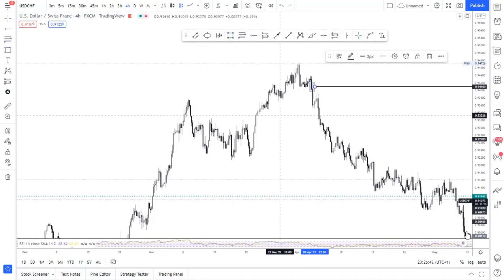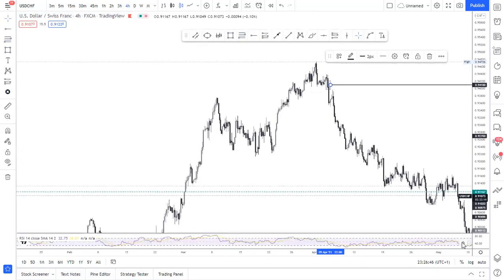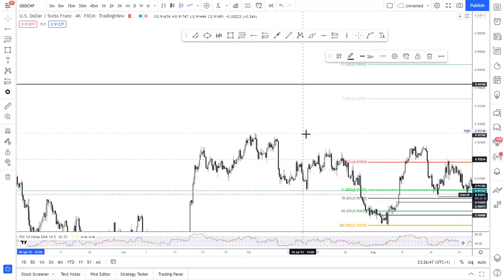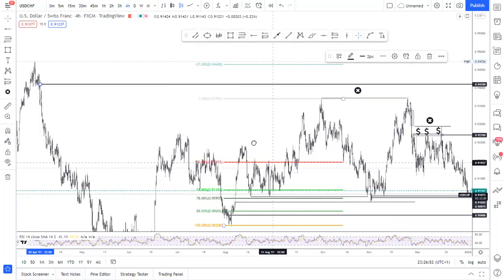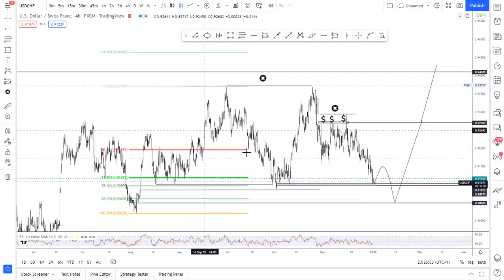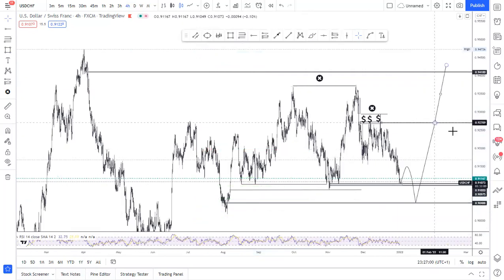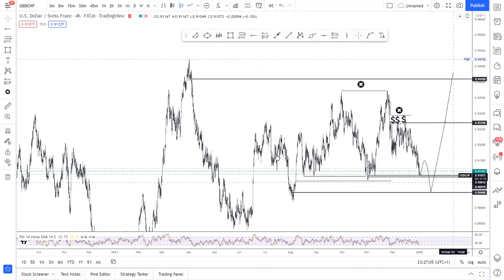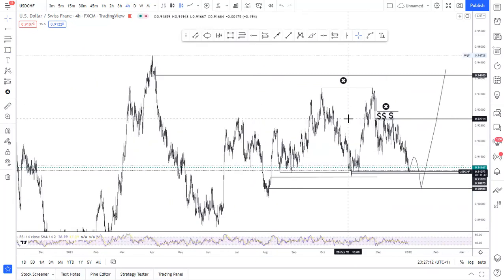I'm just trying to take it slow for you to get how these things work and how we anticipate our moves on the charts. Then we'll wait for the market to begin to give us confirmations before we play along with the chart. So we see price do this for USDCHF. This is basically what you're looking out for.